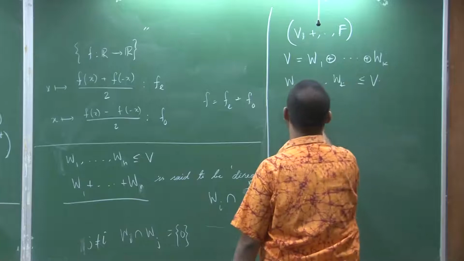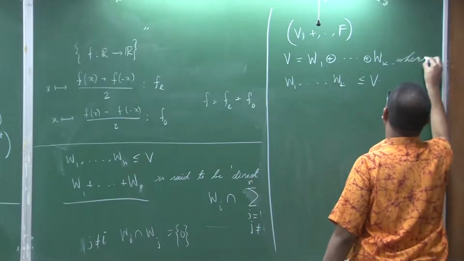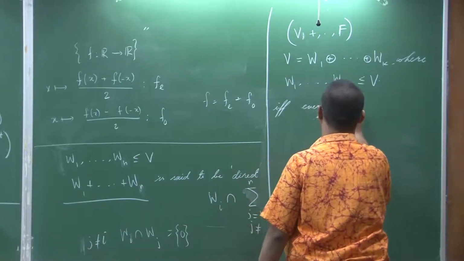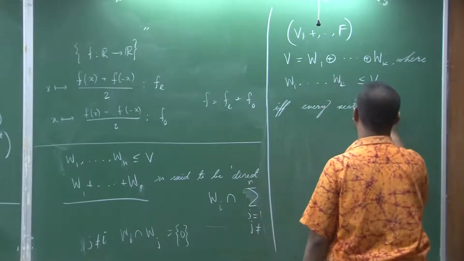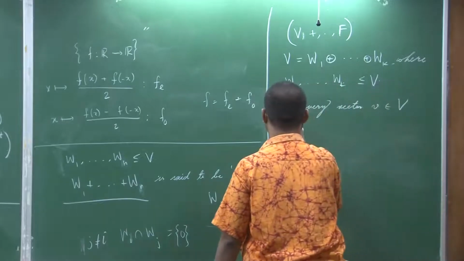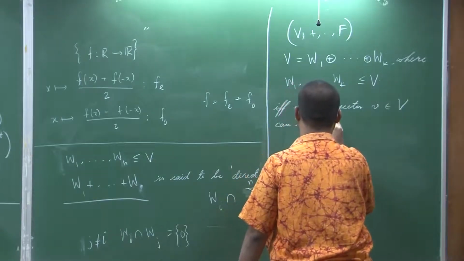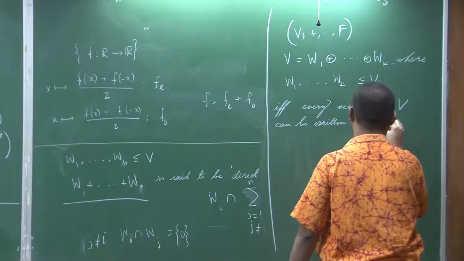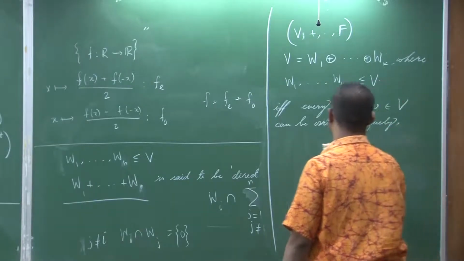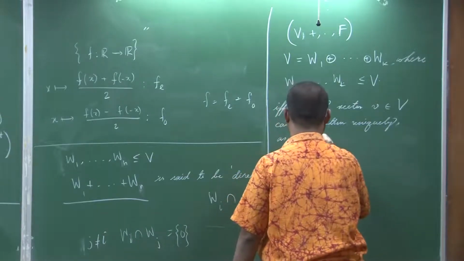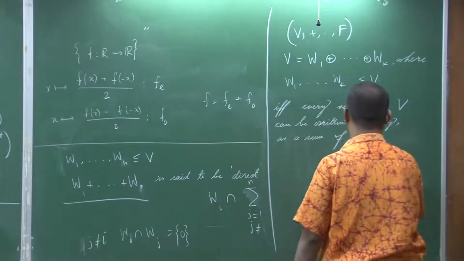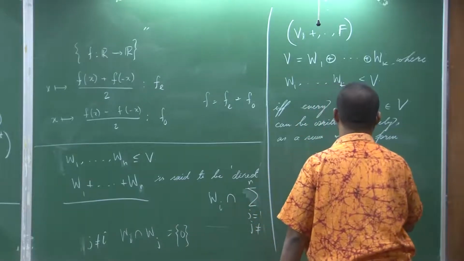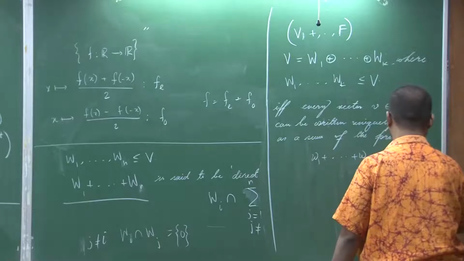It says this happens if and only if every vector v in V can be written uniquely as a sum of the form w1 plus and so on up to wk, where each wi belongs to capital Wi.